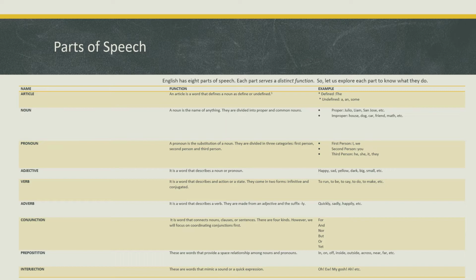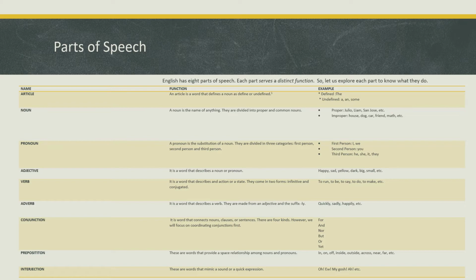The adjective. An adjective is something that describes a noun. So basically, a color, a mood, something that you feel. So for example, happy, sad, a color, blue, yellow, red, a size, small, big, medium, right?